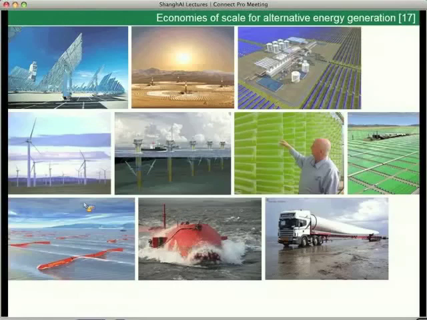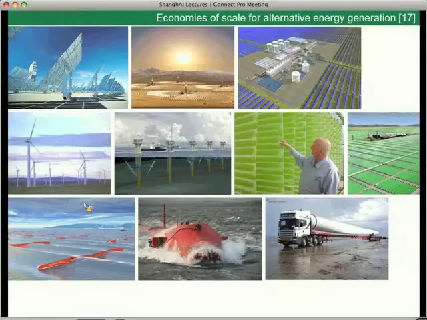Although there are a lot of these different solutions, one thing that's interesting that they all share in common is that they involve deployment of a relatively simple device like a wind turbine or a solar panel, but they need to be deployed on a scale of thousands of square miles or tens of thousands of square kilometers, if you think in metric. And it's very, very costly, obviously, at the moment to try and deploy this very large infrastructure manually.